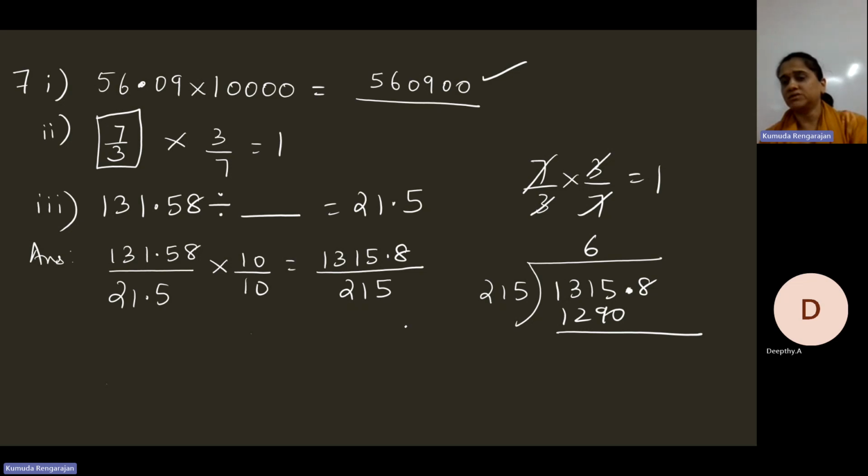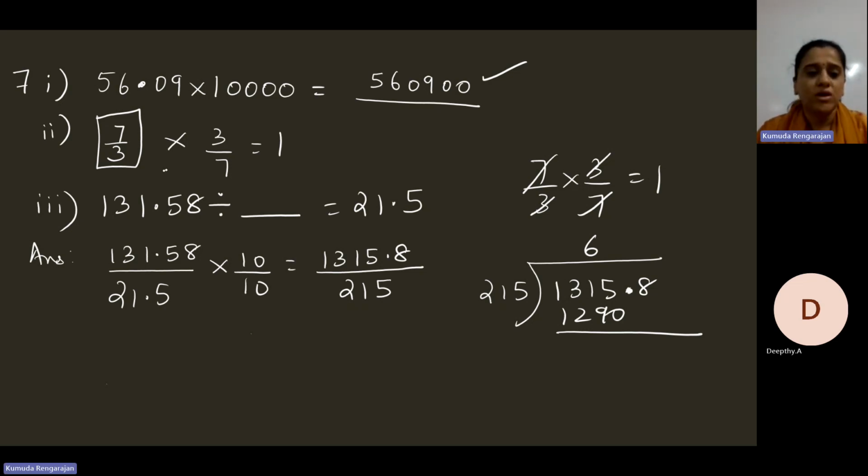See, you have not understood something, Santosh. You have a doubt as to why it's 1315.8, no? How many decimal places are in the denominator? 21.5 has how many decimal places? 1. You should shift that, so you should multiply and divide by 10.